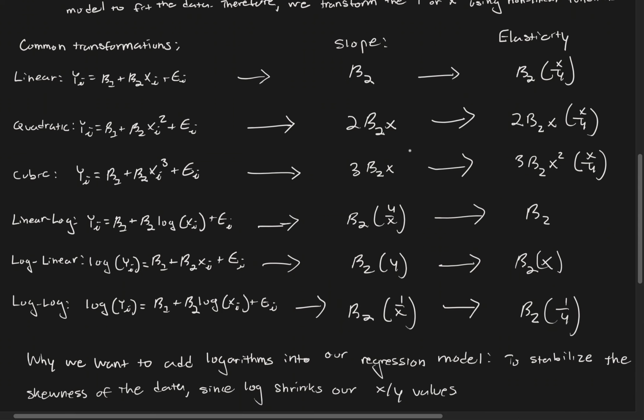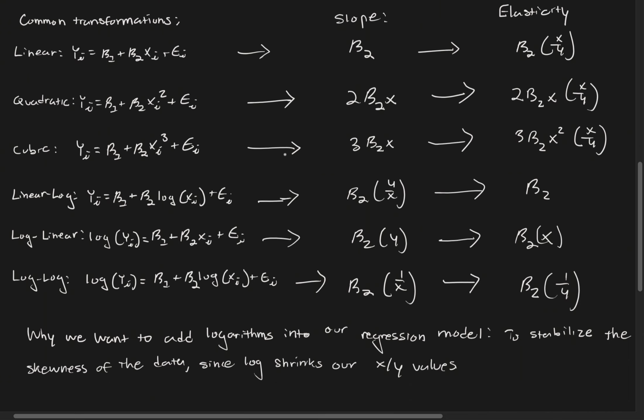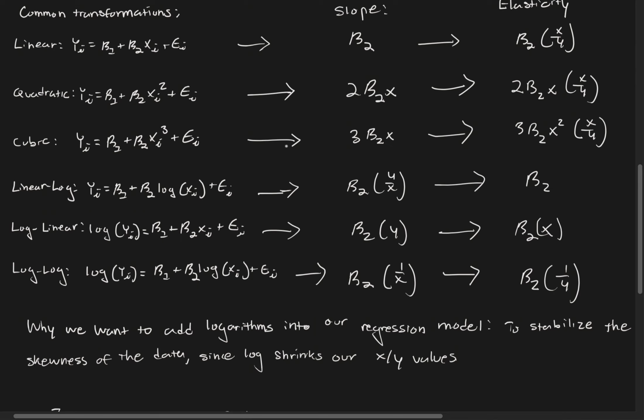Notice how they have different slopes and elasticity. If you're wondering, the slope is just measured by differentiating this part. So the 2 will go here, get rid of 2 minus 1, so the exponent is 1. This should be a 2 here.